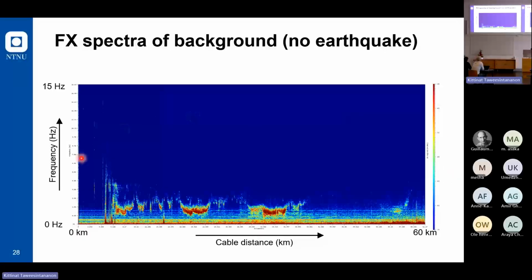This is the frequency spectrum versus distance along the cable, showing spectra of the background without a significant earthquake. We clearly see some strong amplitude here around 1 Hertz to 3 Hertz. This, in the Svalbard area, we refer to as shear wave resonance in the low velocity layer.